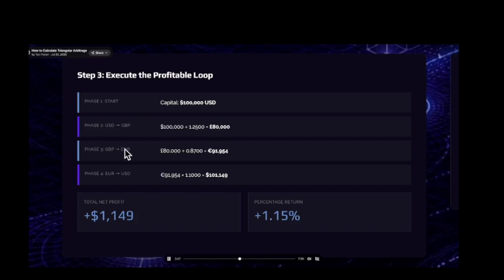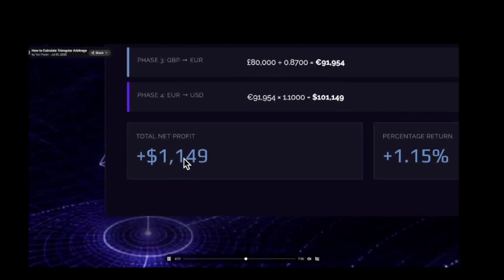Next, we convert the 80,000 pounds into euros. Because EUR/GBP is 0.8700, we divide 80,000 by 0.8700. This gives us approximately 91,954 euros. Finally, we convert those euros back into dollars. We multiply 91,954 euros by the EUR/USD rate of 1.1000. We finish with approximately $101,149.